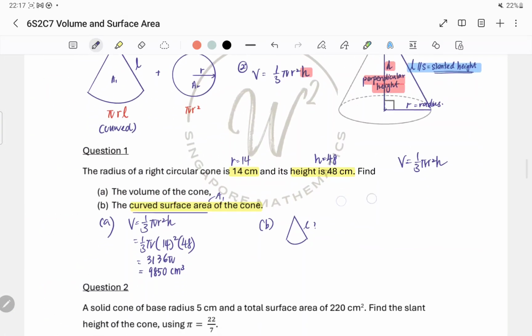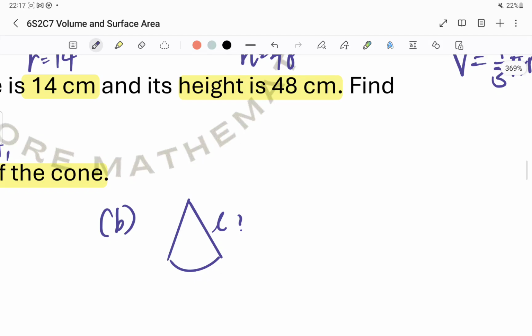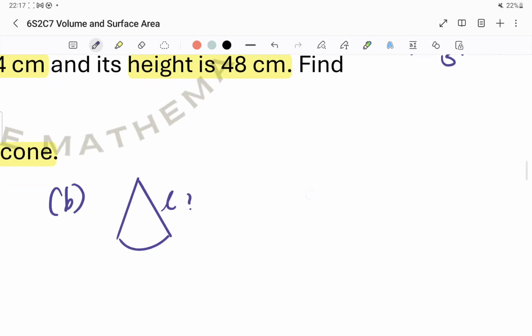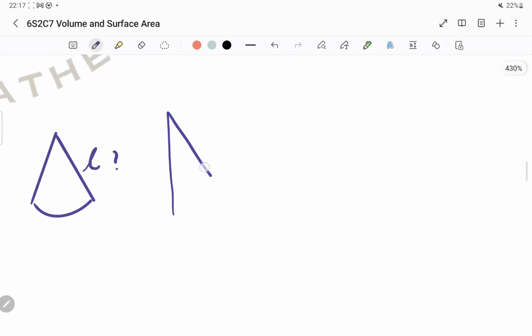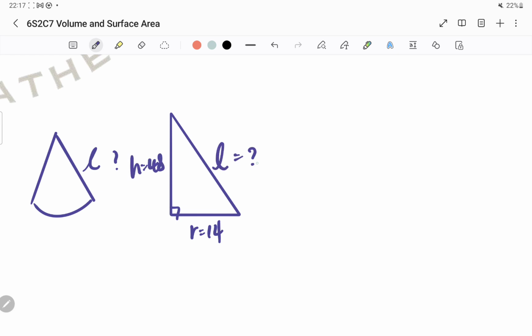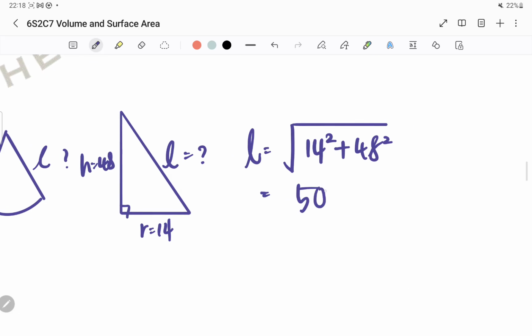So you will need to use the Pythagoras theorem. Your radius equals 14 cm, your height equals 48 cm. So what is your slanted length? Your length equals the square root of 14 squared plus 48 squared. Put it into your calculator, you should get 50 cm.